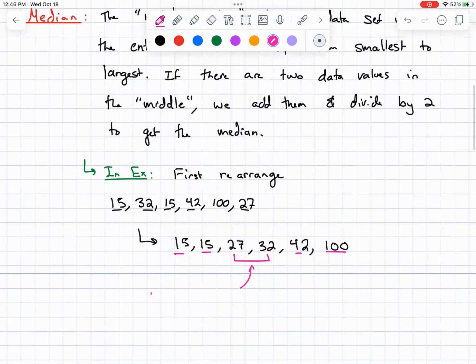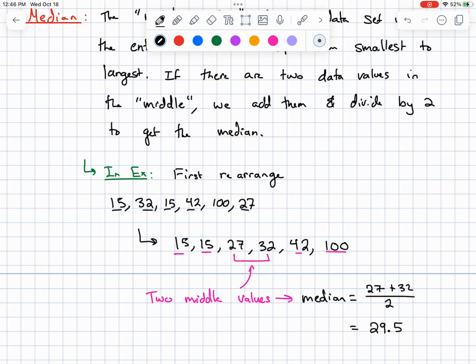So two middle values implies that the median will equal 27 plus 32 divided by 2, which is 29.5.